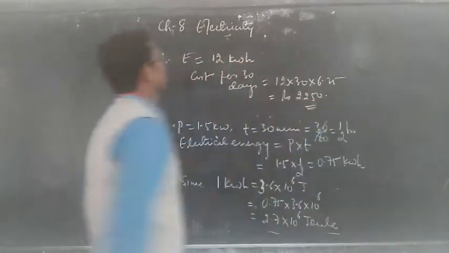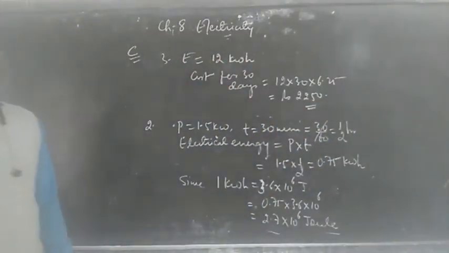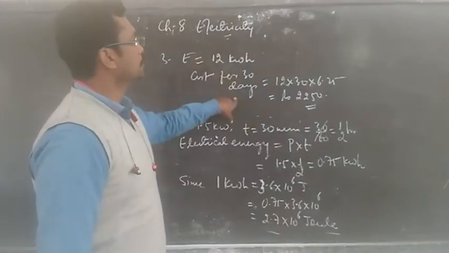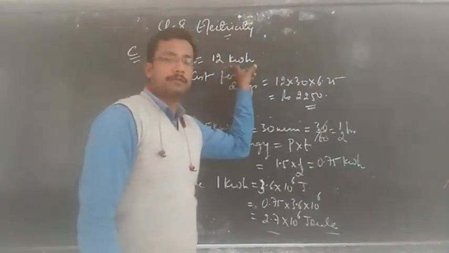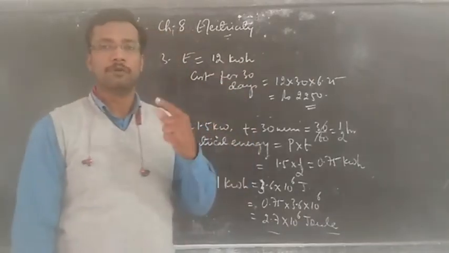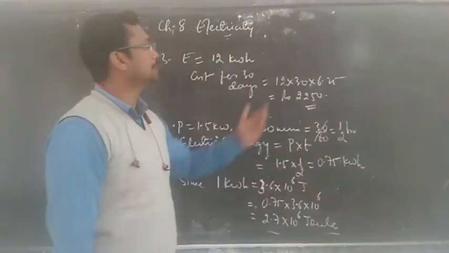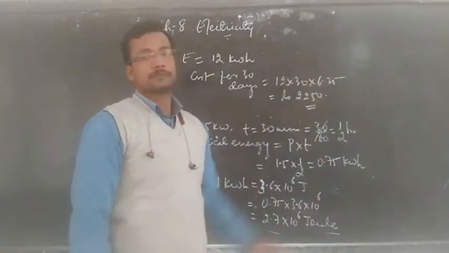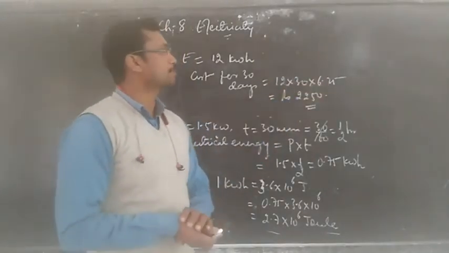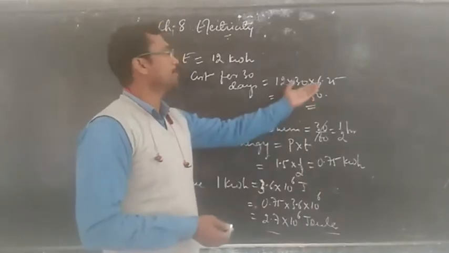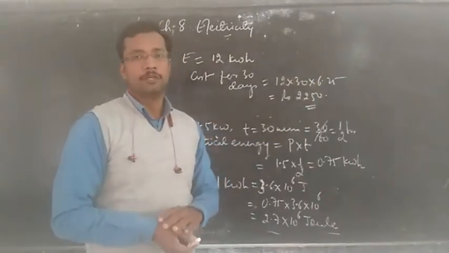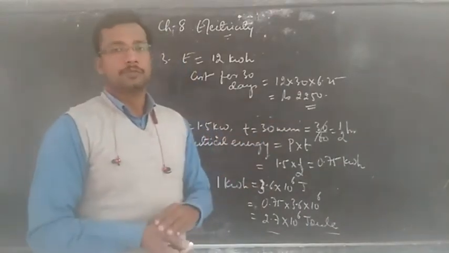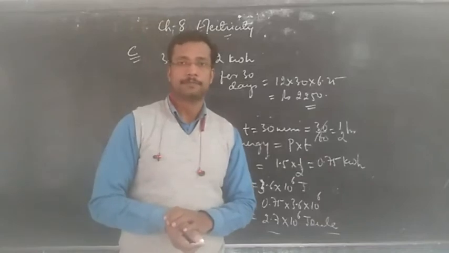This will be the cost of electrical energy consumed for 30 days, because this 12 kilowatt hour is the electrical energy consumption for 1 day. So for 30 days multiply by 30, and the rate is 6.25 per unit. So multiply by 6.25 to get the total cost for 30 days equal to 2250 rupees.